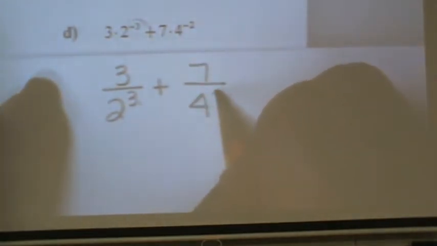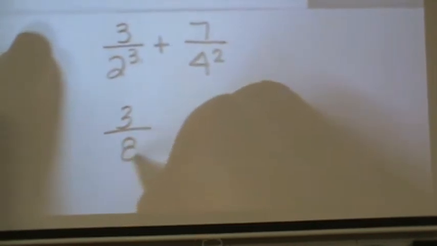And the last one, D, is a combination of multiplying and adding. So let's first convert 3 times 2 to the -3rd. How are you going to change this? What has a negative exponent? This. So 3 over 2 to the 3rd plus 7 over 4 squared.